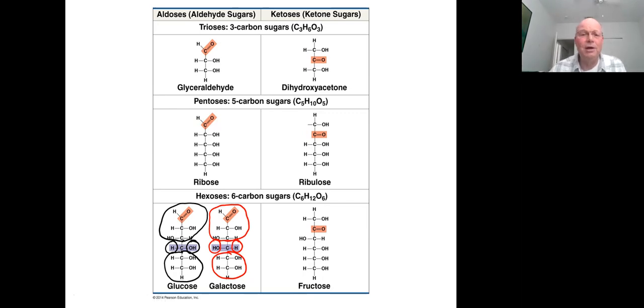And most of these are known from plants. Plants are the ultimate organic chemists. And they have the capacity to produce this wide range of diverse organic molecules. Animals can as well, but not quite to the same degree as plants. Bacteria are right up there with plants in terms of the variety of organic molecules that they can produce.